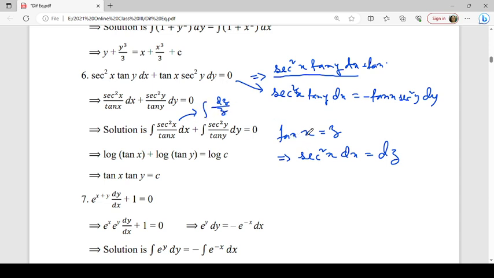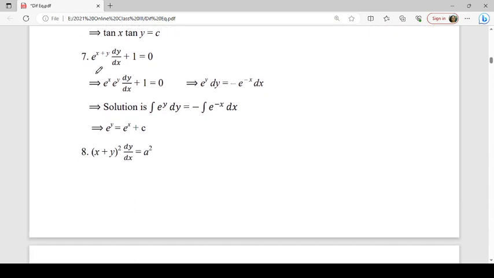Z is our tan x, so it is log of tan x, and in this way log of tan y. Same procedure, and because all are log, we write the constant as log c, so that we can eliminate this, because log a plus log b means log of ab, so log of tan x into tan y equals log c, and then we eliminate the log sign.